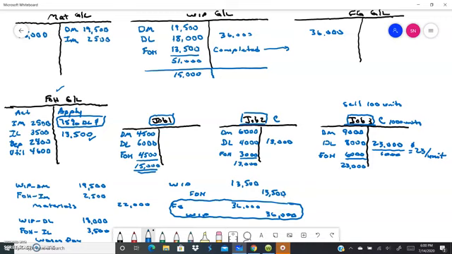So we'd have a debit, let's say debit accounts receivable, credit sales for whatever we sell them for.